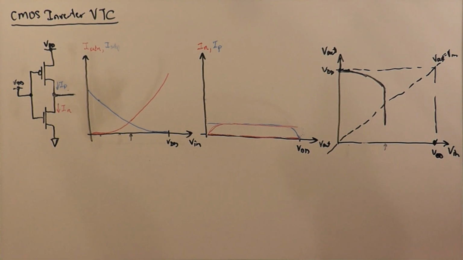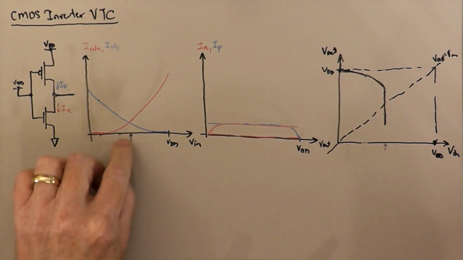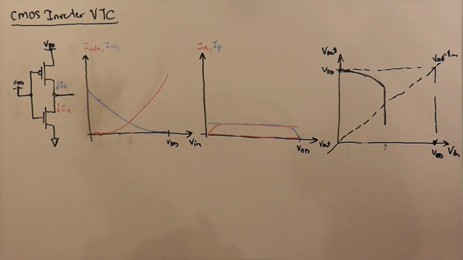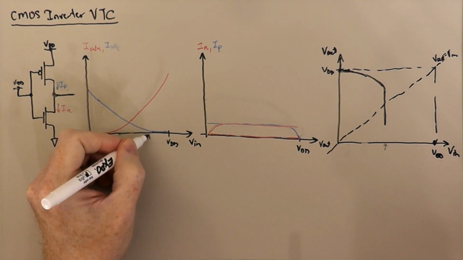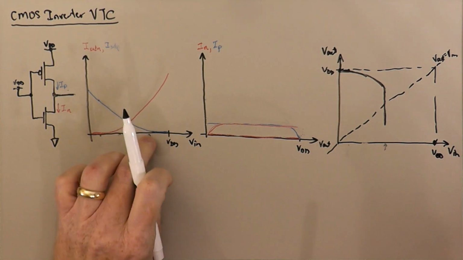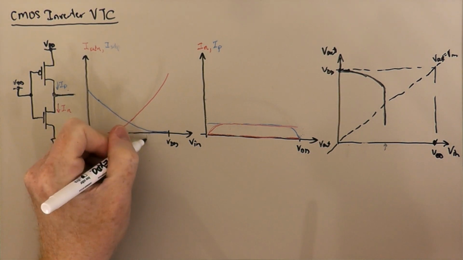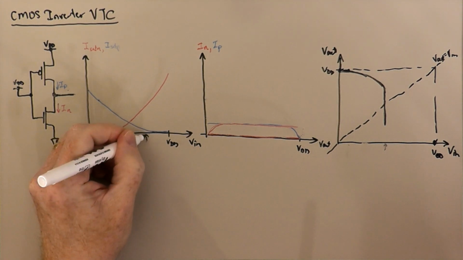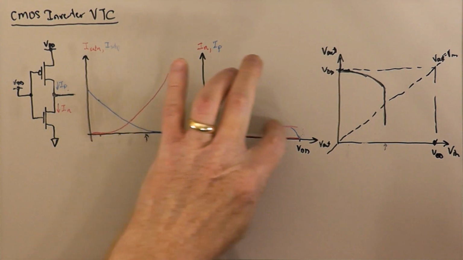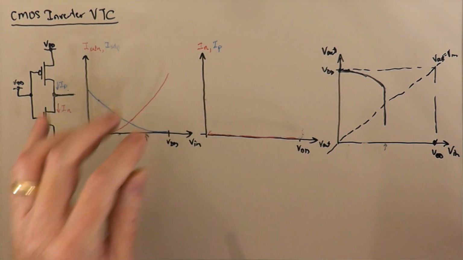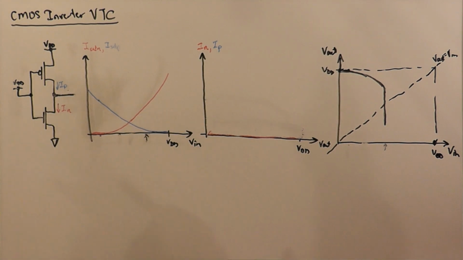And then if we move over a little bit further on the gate voltage, say up to here, maybe a little bit to the left here, where we're still above threshold with the PMOS, but not by very much.